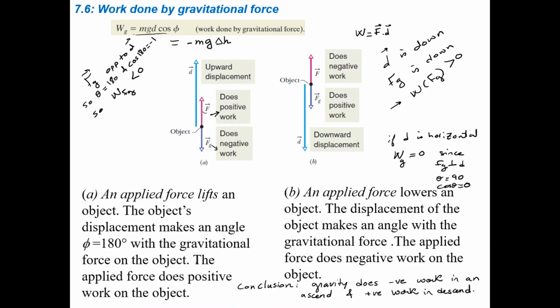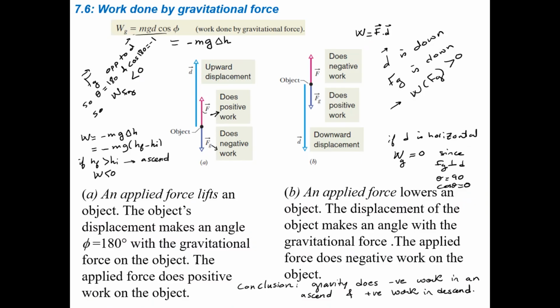So if H final is larger than H initial, then we're ascending. And when we are ascending, W is negative.